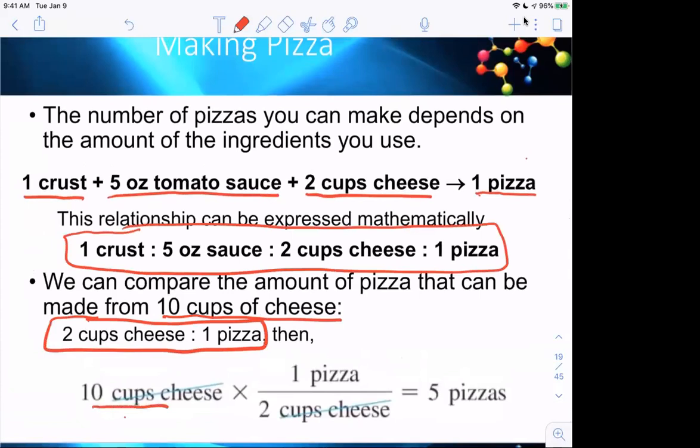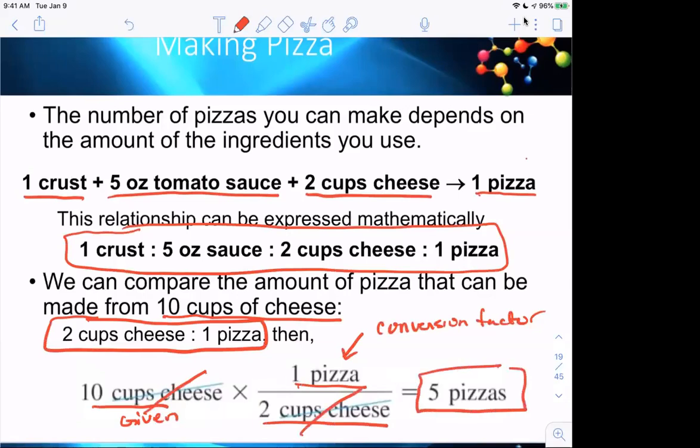So this is what I'm given, and this is my conversion factor. So for 10 cups of cheese, I can make 1 pizza for every 2 cups of cheese. The cups of cheese is going to cancel, and the answer is 5 pizzas. This is what I will do in a chemical reaction as well.